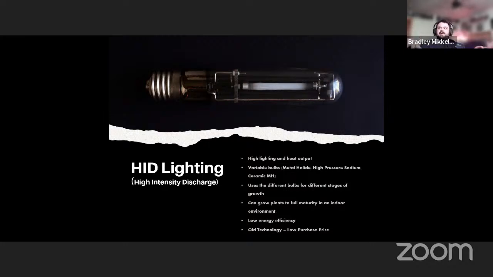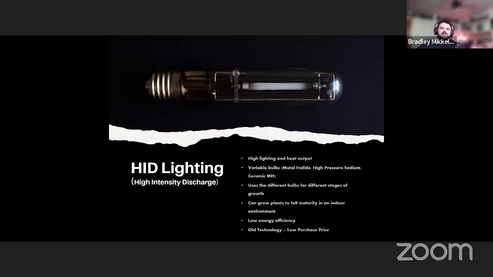And the biggest downfall that you have with HID lighting is the heat. These consume a lot of electricity, which produces a high heat output, which can be very difficult in small scale indoor gardening. These bulbs come in different varieties and sizes.